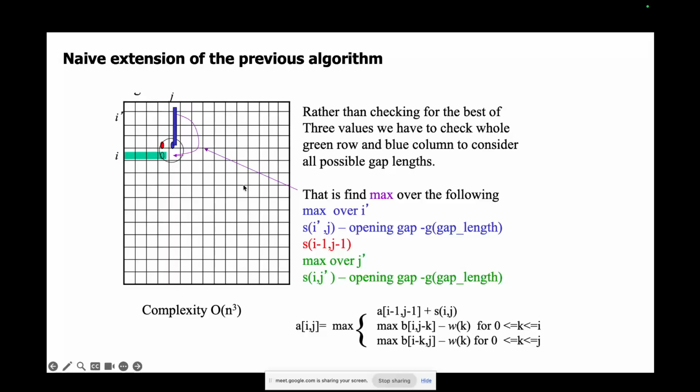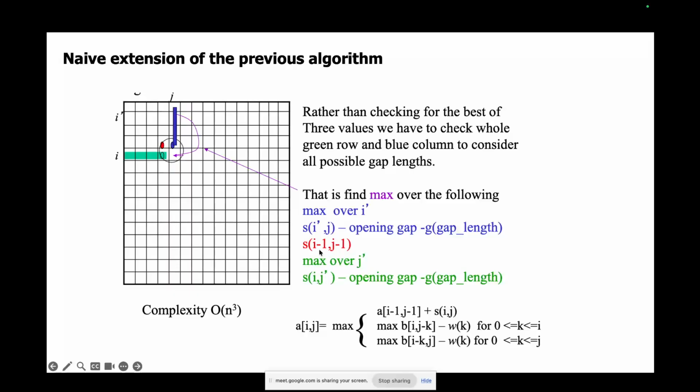I think I mixed up j prime and i prime, but anyway, you need to compute for all the parallel rows and columns for this particular element, and then take the highest for that. So this would be the highest of all the blue rows, and this would be the highest of all the green columns, right?